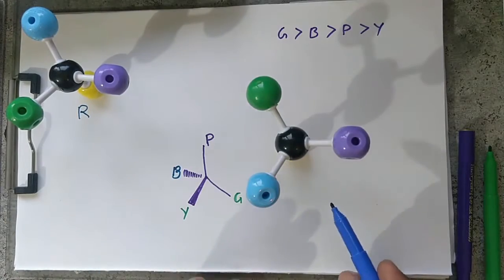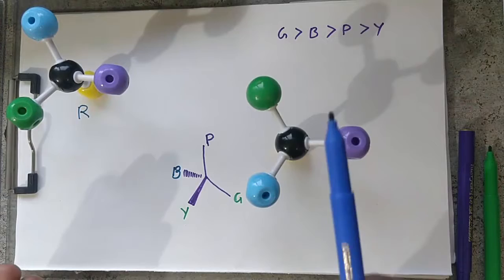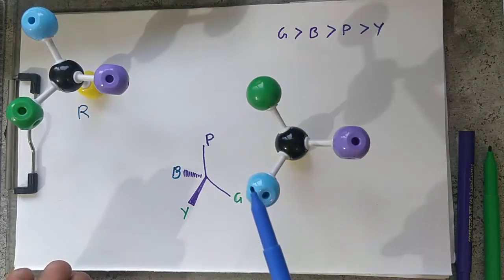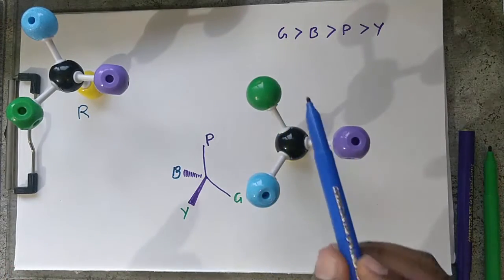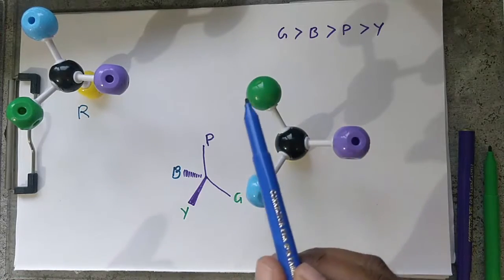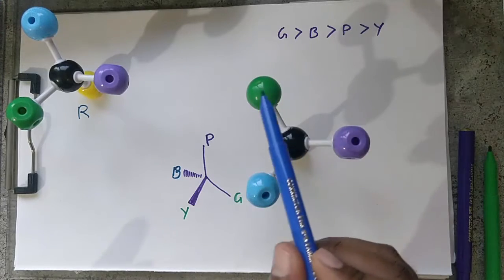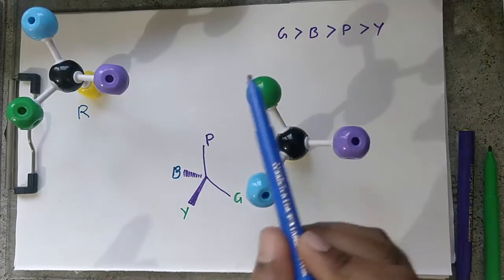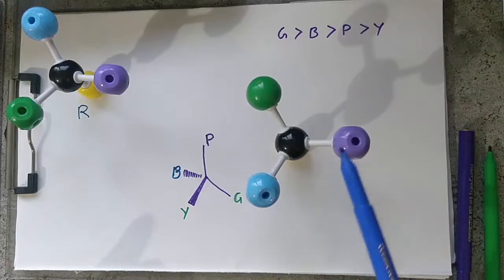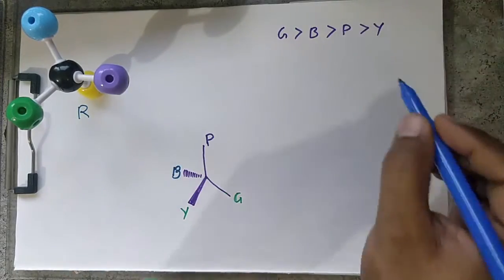This configuration obviously will belong to S, but still you can verify that. From green you have to move to blue, then to purple. So this is an anti-clockwise direction. Green to blue to purple is anti-clockwise, and because it is anti-clockwise, it will be S configuration.